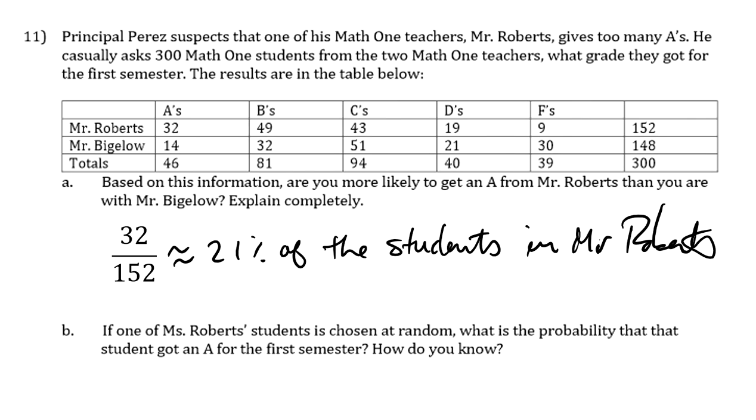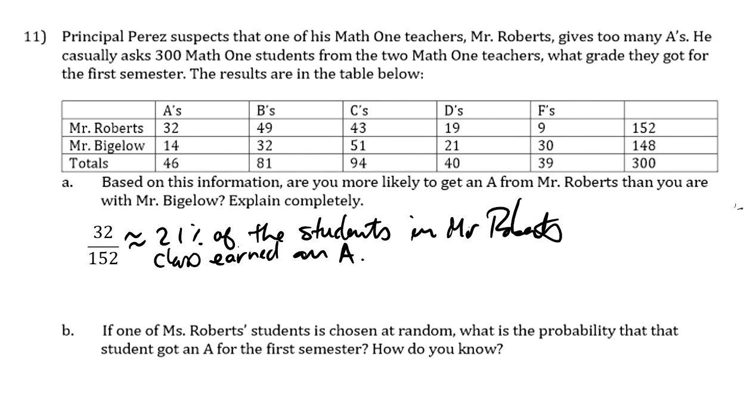And you know what? I hate that vocabulary. Earned, EARNED, an uppercase A. On the other hand, he had a smaller number of students, only 148, but 14 of them received an A, and that comes out to about 9.5%.